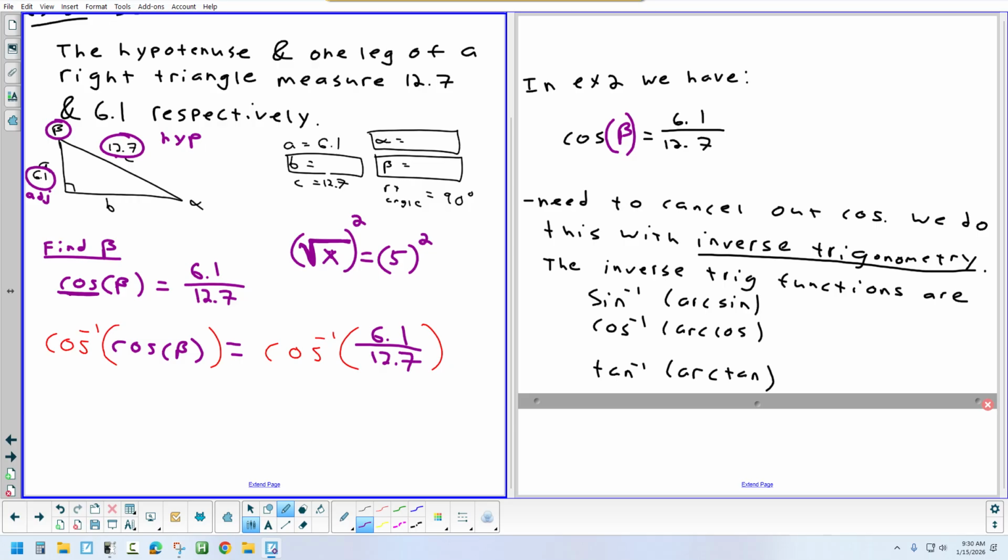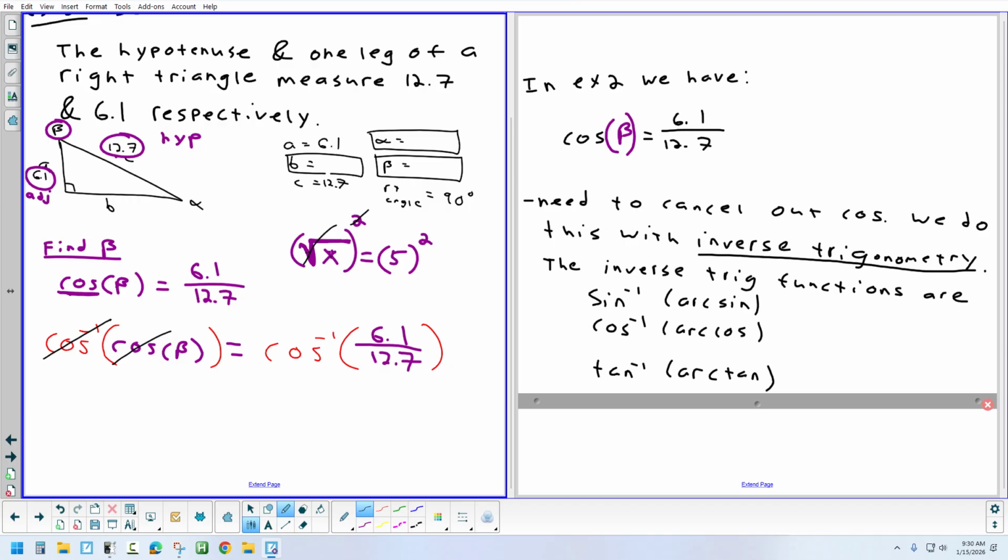Now, when you take the inverse cosine of the cosine, it's like taking the square of the square root. What's going to happen? Yep, they cancel out. What's inside the function doesn't cancel out, just the function itself, the square and the square root, or the cosine and the inverse cosine.